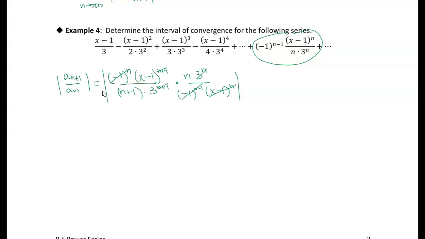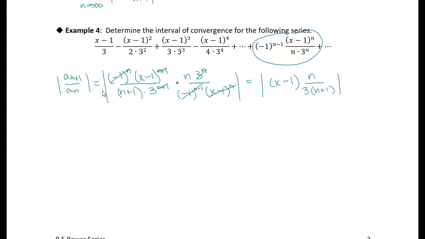So 3^(n+1) divided by 3^n is just 3, so I get a 3 in the denominator. And so now let's see what we have left. I have an x minus 1, and then in the numerator it looks like all I have left is n, and in the denominator I've got 3 times n plus 1.